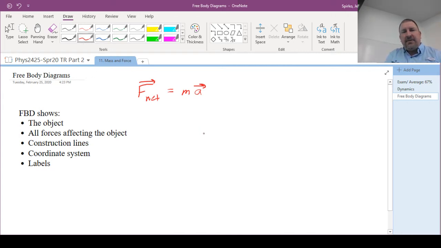So let's think about an object, M1, that is sitting on a scale. And in turn, that scale is sitting on a table.